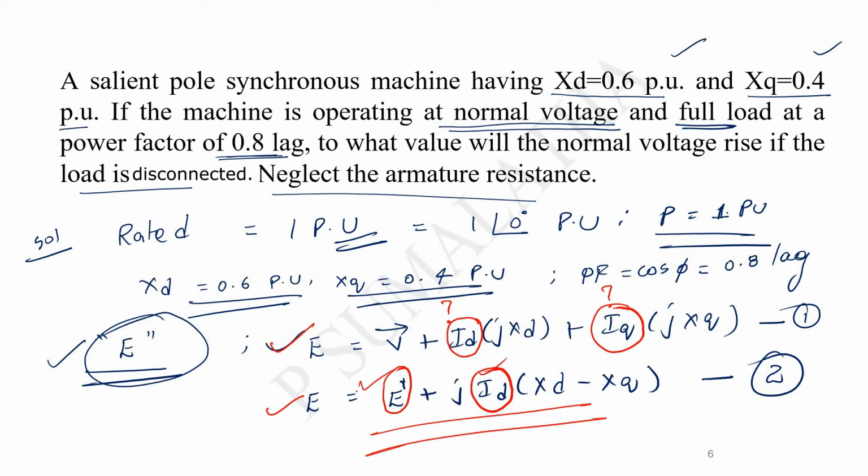Whichever we feel comfortable, we can go ahead with. E dash is very simple, that is E dash is equal to V plus jI into Xq, and Id is nothing but I into sin of del plus phi. Out of these two equations, we can solve this problem a bit easier if you choose the second equation.